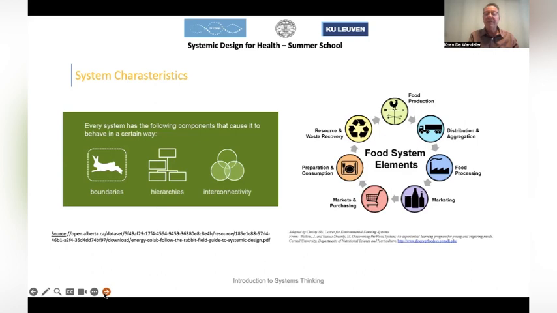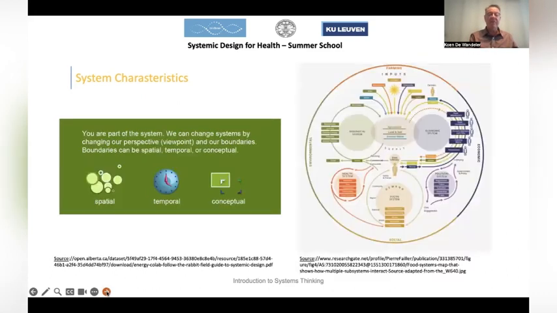To the right-hand side, you see, for example, the connections that lead to food production and finally the consumption over distribution, processing, marketing, purchasing, consumption, and waste recovery, leading again to food production. Now, this is really a good example of how a system is interconnected in a circular way.